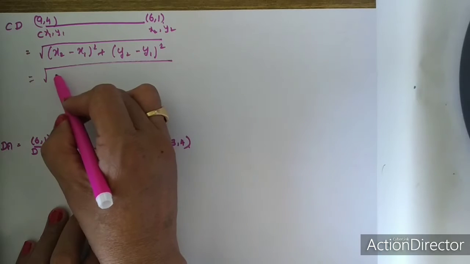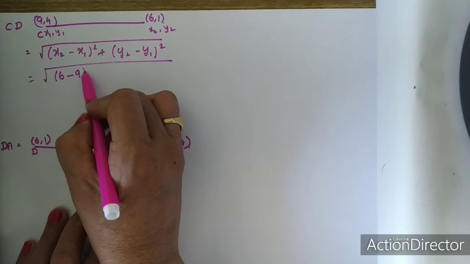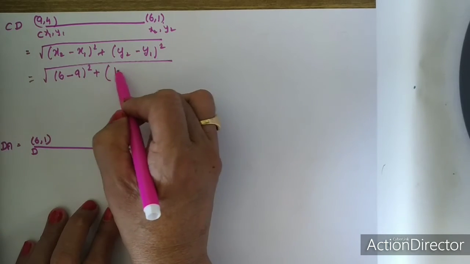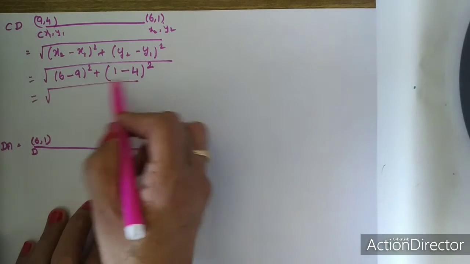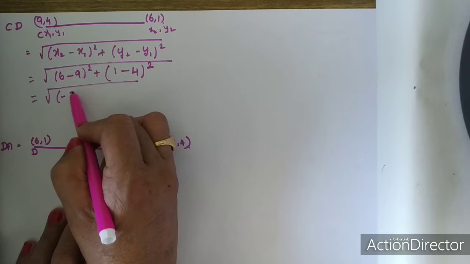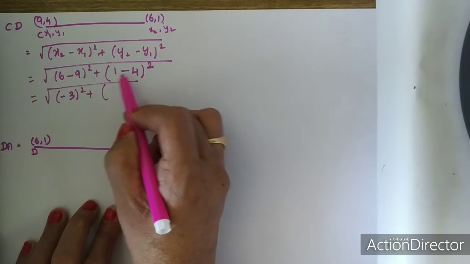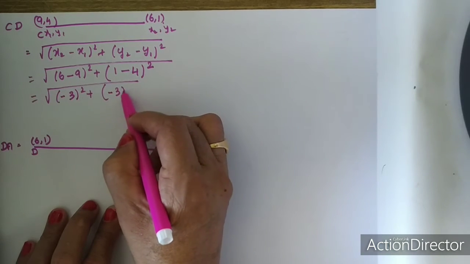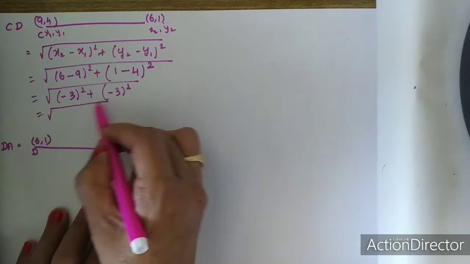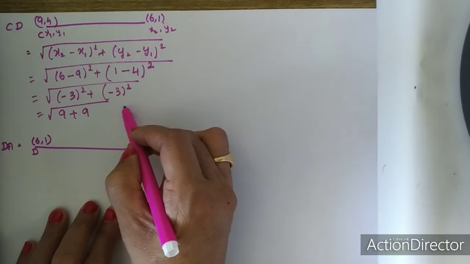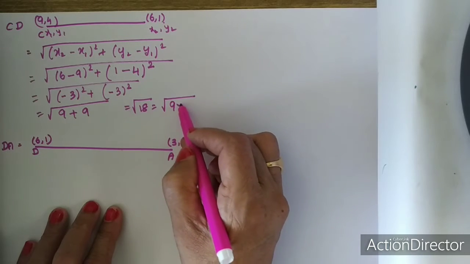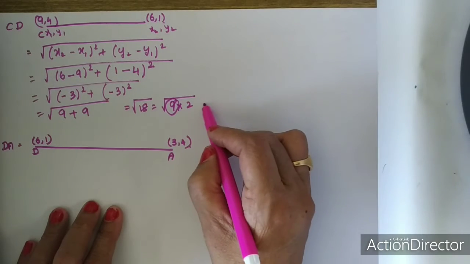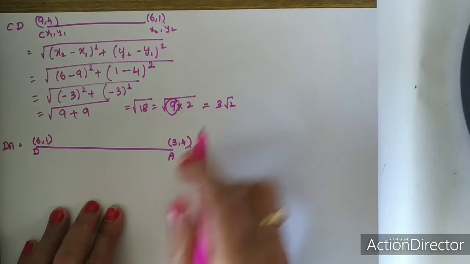What is x2? (6 minus 9) whole square plus (1 minus 4) whole square. So what is 6 minus 9? 6 minus 9 is minus 3 whole square, and 1 minus 4 is also minus 3 whole square, which is equal to 9 plus 9, which is equal to root 18. Root 18 can be written as 9 into 2. Square root of 9 is 3. So it is 3 root 2.